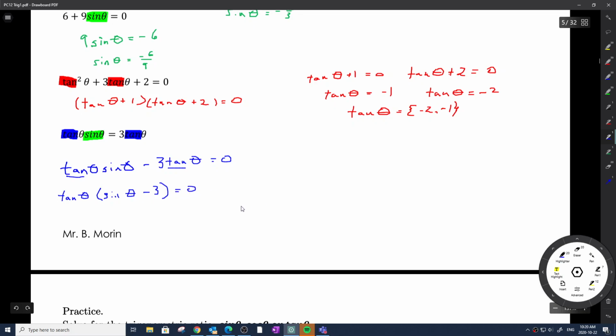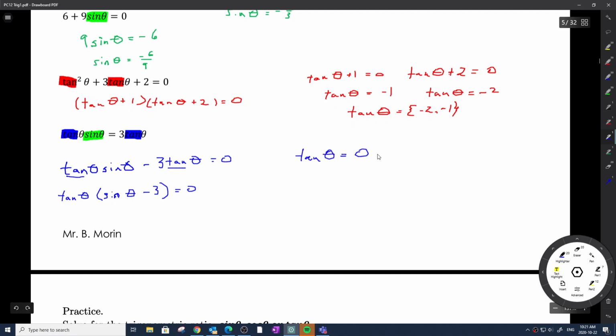Now remember, when I say factoring it out, it's very similar to dividing. So this is nowhere near right, but it definitely is similar. Tan theta sine theta divided by tan theta just leaves me sine theta. Negative 3 tan theta divided by tan theta leaves me with negative 3. So that's how you get it. You can double check by multiplying this out, and you should end up with the above. Now I use the zero product property for both factors.